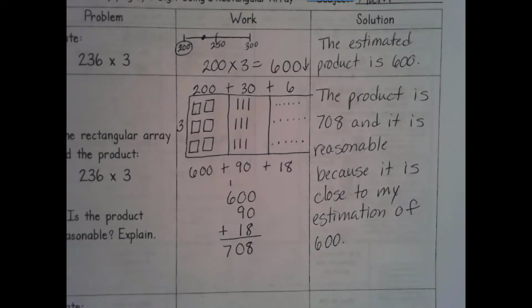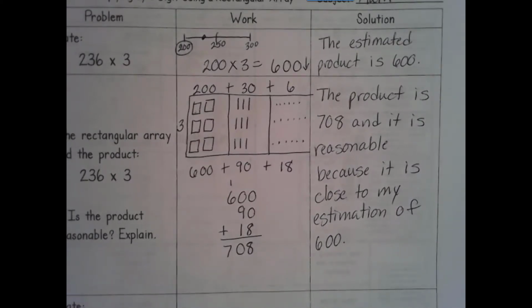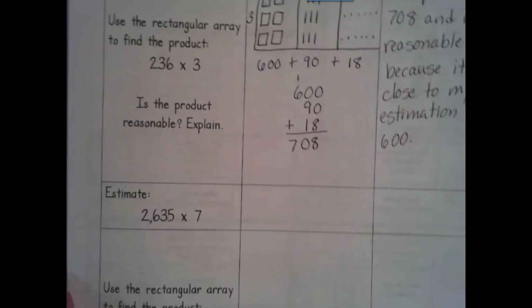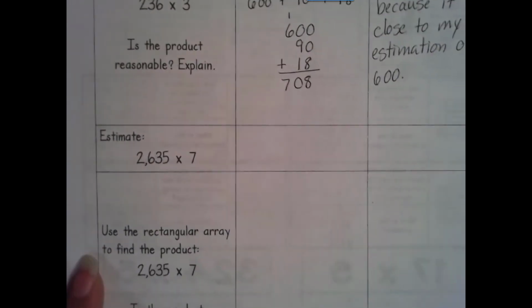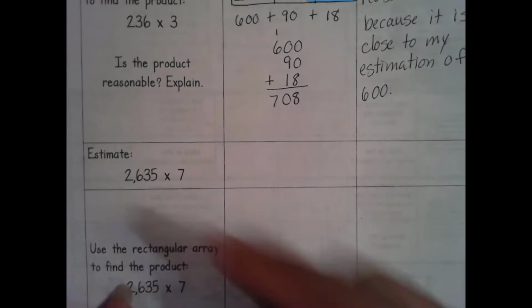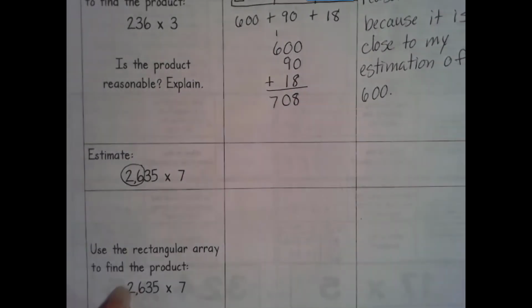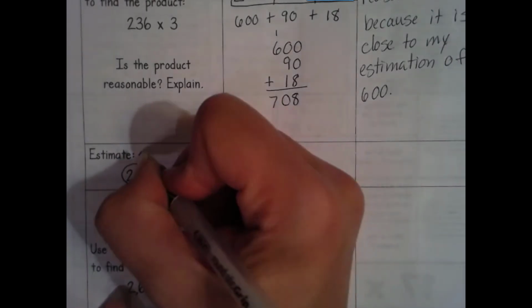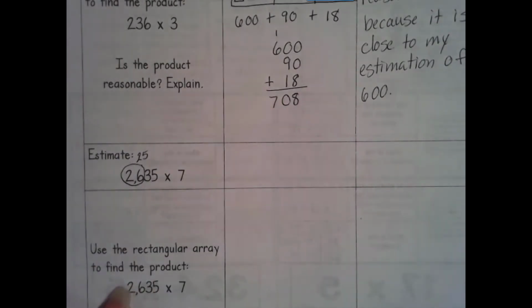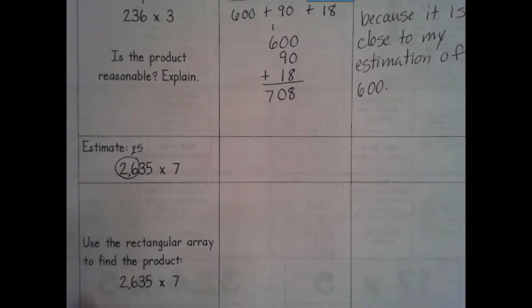All right, our next one, we're going to estimate, but this time we're going to look at compatible numbers. So here, if I look at this right here, 26 is very close to 25. That is a compatible number.